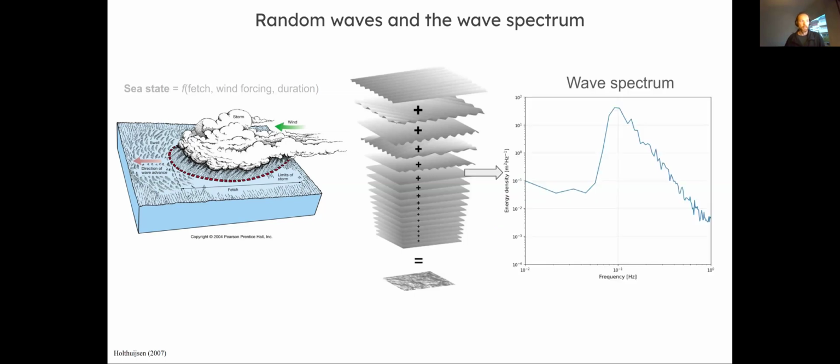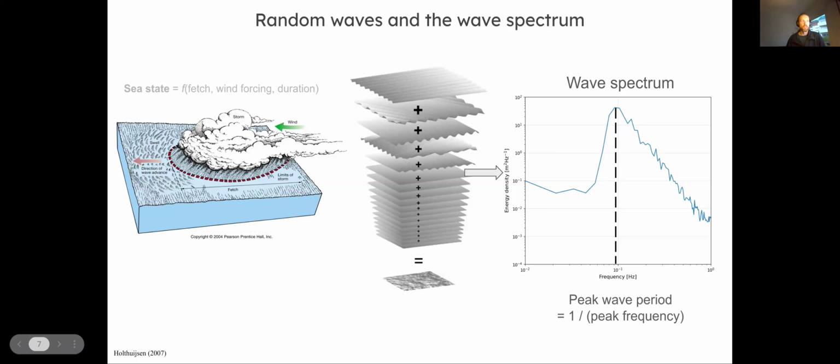So from this kind of Fourier representation, it also follows quite naturally that we can represent the sea state in spectral form. So this is a one-dimensional wave spectrum where the frequencies of all those individual wave components are on the x-axis, and the y-axis shows the wave energy density, or the variance, of each of those components.